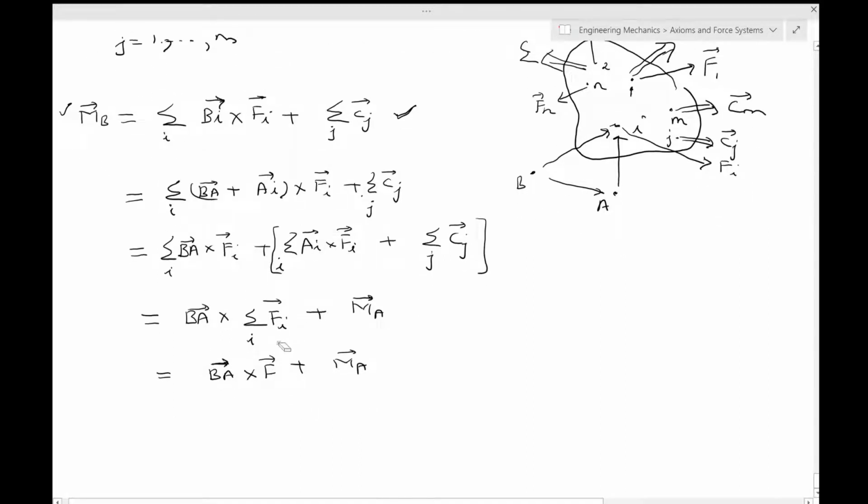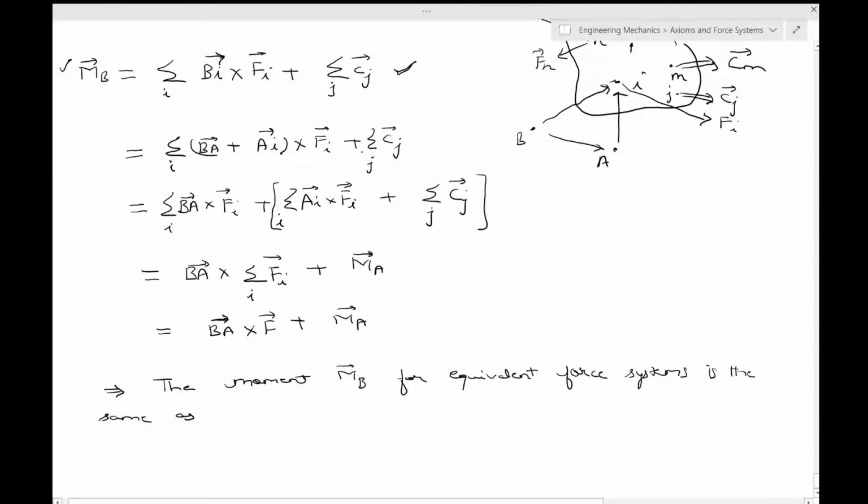Now this implies that the moment MB for equivalent force systems is the same, since F and MA for them are equal.